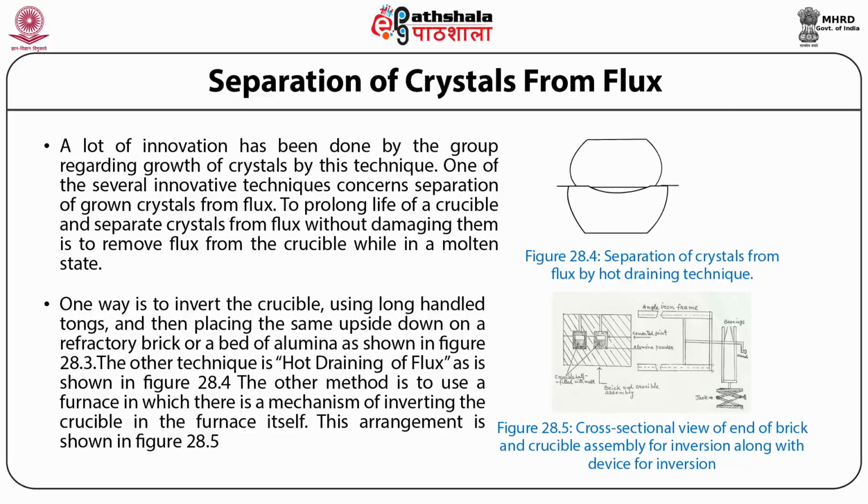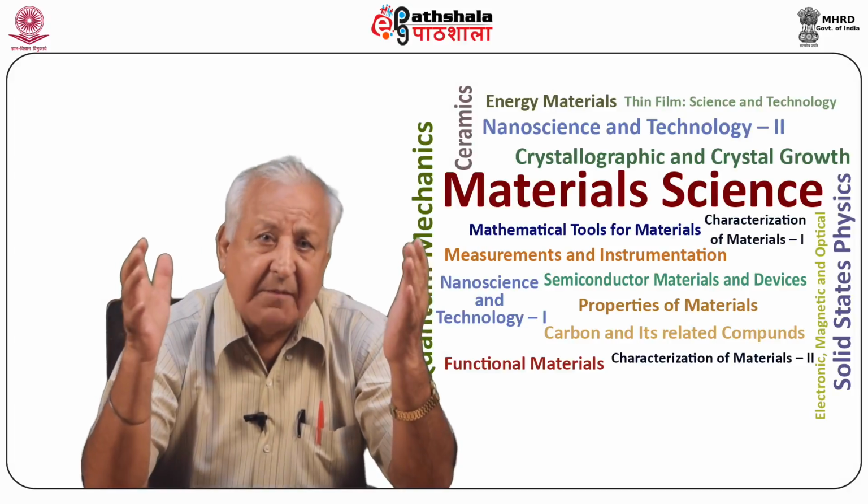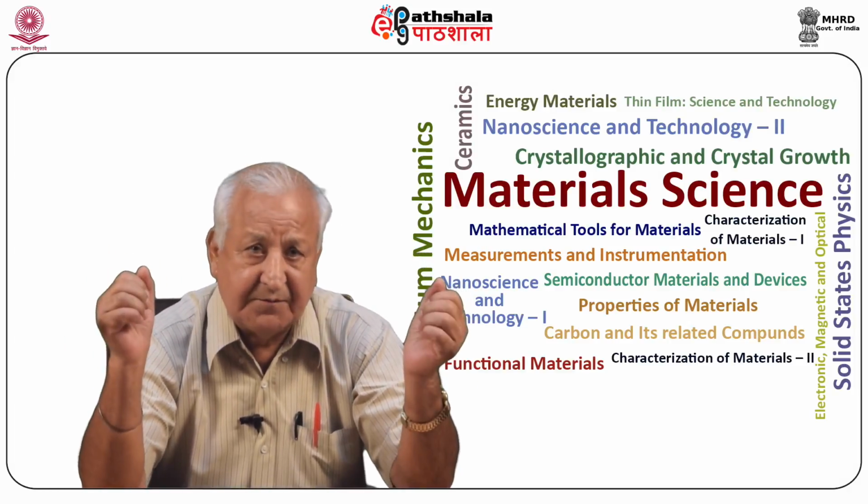The other method is to use a furnace in which there is a mechanism of inverting the crucible in the furnace itself. This arrangement is shown in figure 28.5. Now we shall discuss some examples of flux-grown crystals.